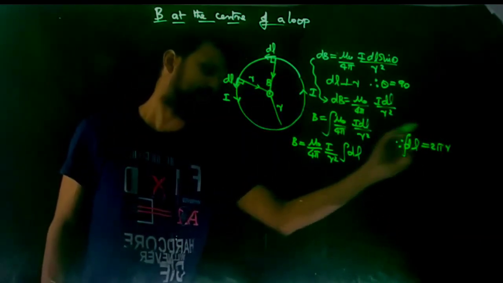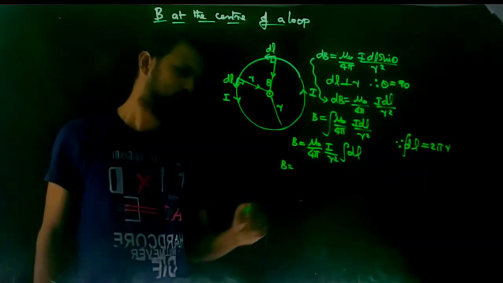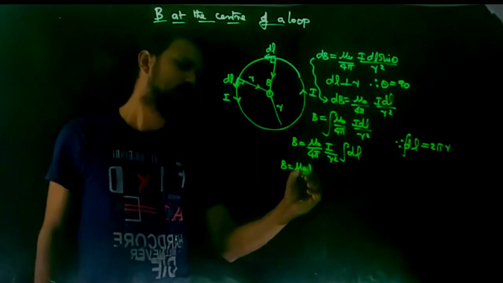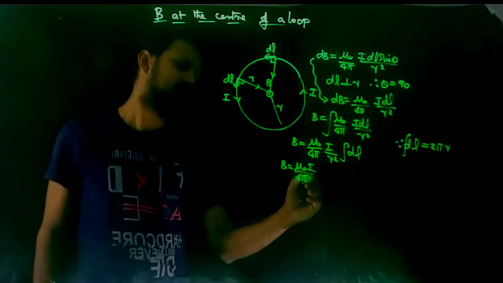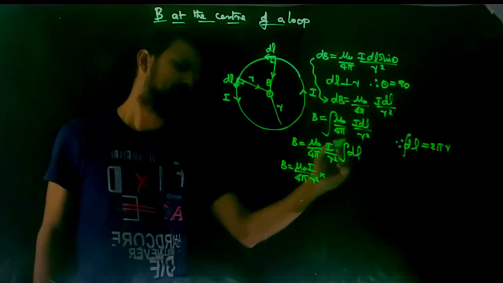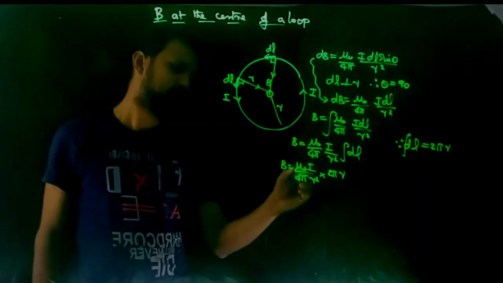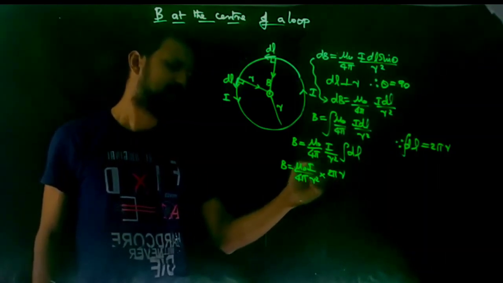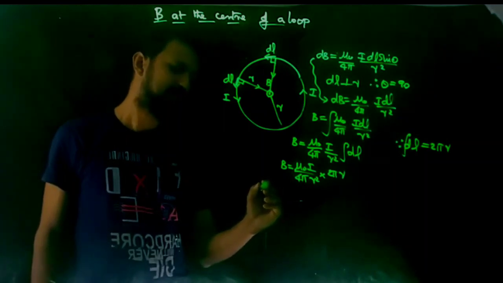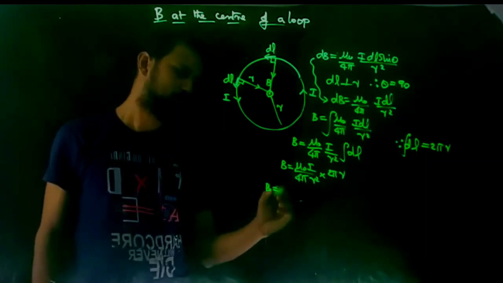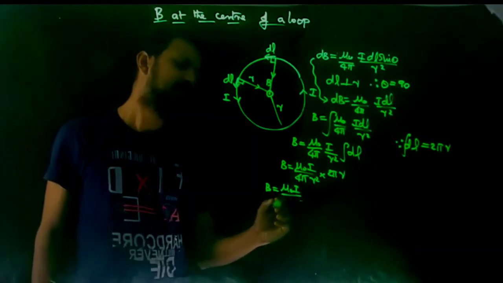Therefore, we can write B is equal to mu 0 I divided by 4 pi r square into the integral of dl, which is 2 pi r. Then we can cancel pi and pi, r and r square will get cancelled, 2 and 4 will get cancelled. Ultimately, we get B is equal to mu 0 I divided by 2r.